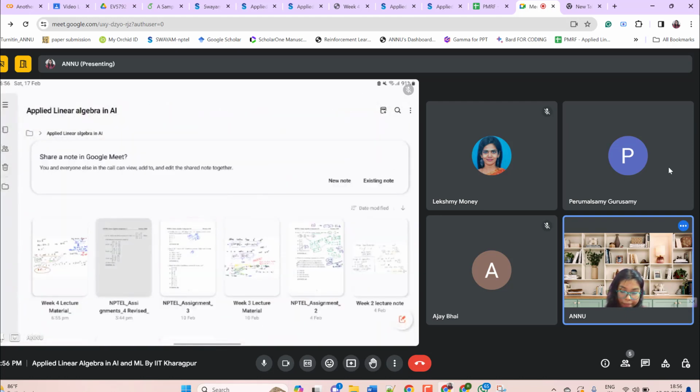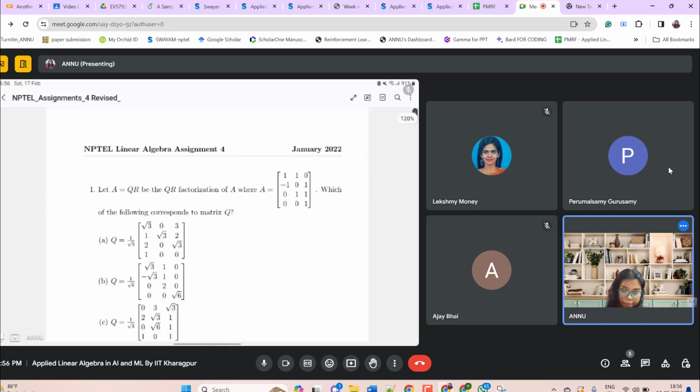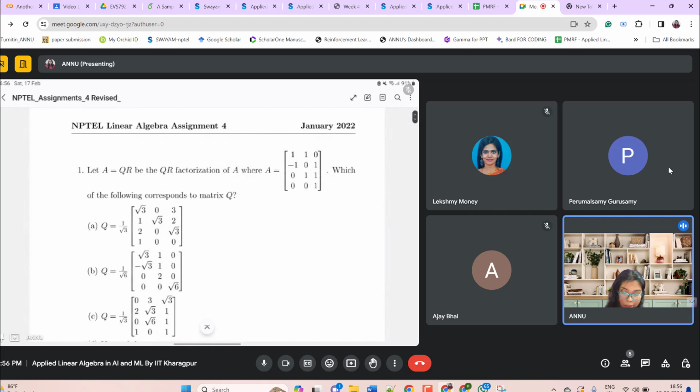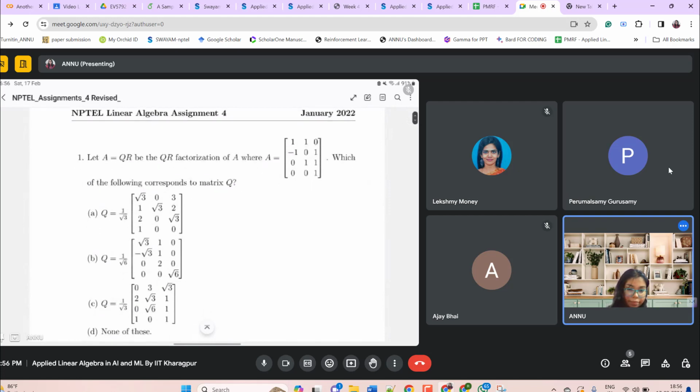Okay, let's solve this problem. Yes, Ajay, Lakshmi, and Guruswami. How to solve this problem? Let A equals QR be a QR factorization of A, where A is this matrix.